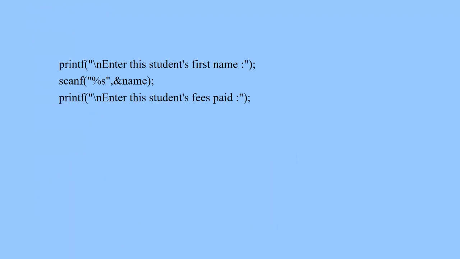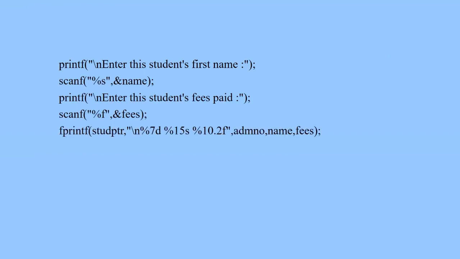Then display the following statement, enter this student's fees. Whatever value is entered, store it in the memory location set aside called fees. And then we write the content of admission number, name, and fees to our file, whose pointer is student pointer.